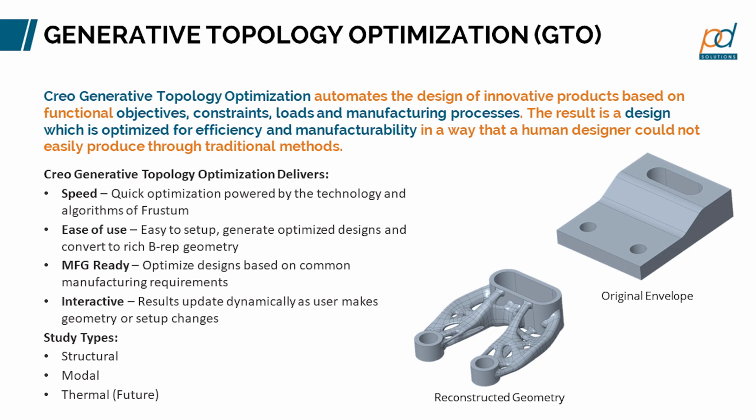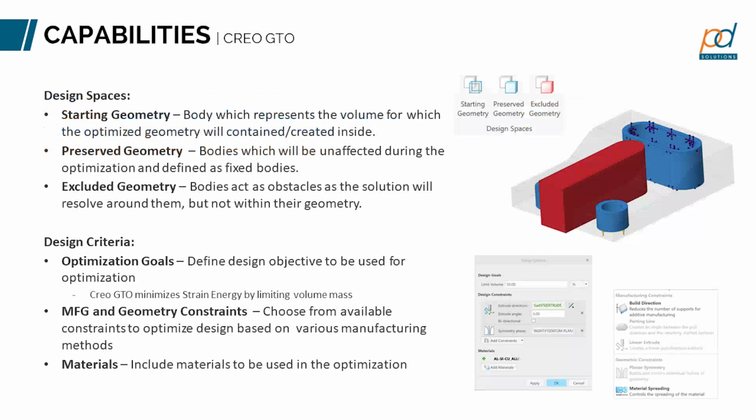But anyway, I'll be showing you examples of optimization for structural strength, for instance, strength and stiffness, and so on, and also modal analysis. In modal analysis, what we try to do is to make sure that the first natural mode of the structure is as high as possible, which helps to avoid problems with low frequency vibrations.